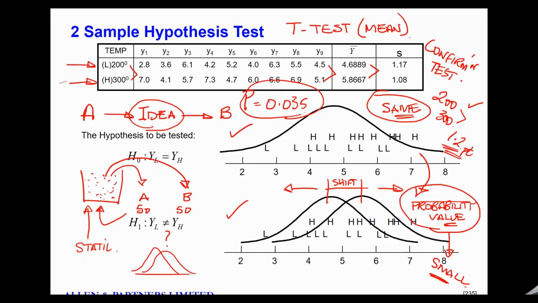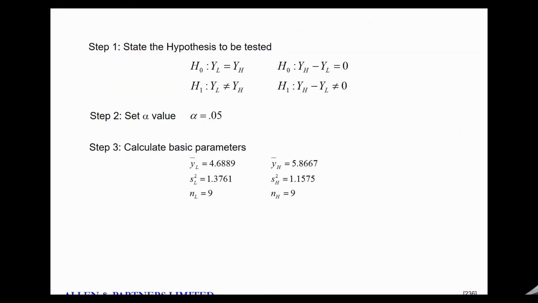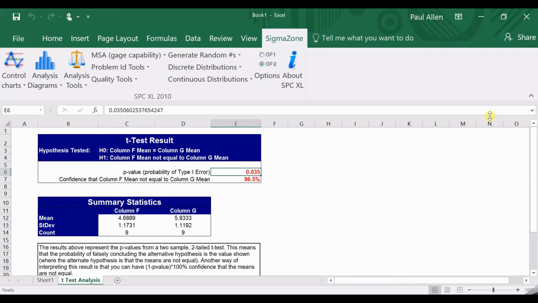You need the hypothesis test. You need this thing, this 0.035, this little piece of mathematics. Now, we don't have to do the mathematics anymore. Once upon a time, this was hard work. Now it's the click of a button. But this is a really useful tool.